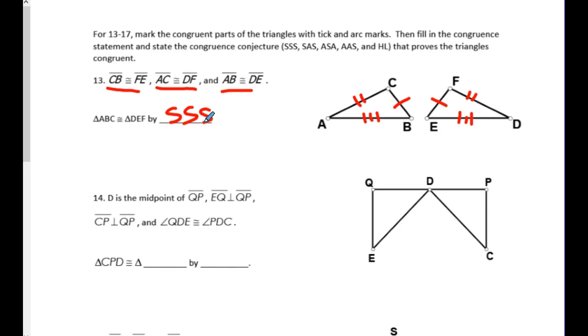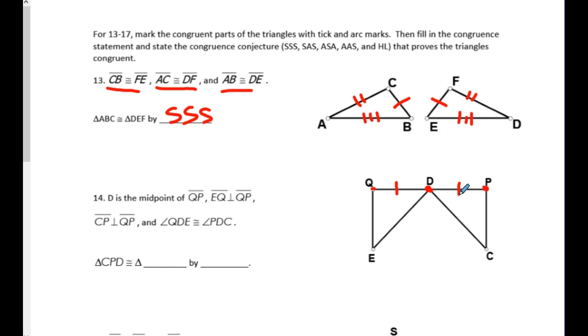Side, side, side. Okay. Number 14 says D is the midpoint of QP. So if D is a midpoint from Q to P, that means that this and this have to be the same, congruent. Okay.